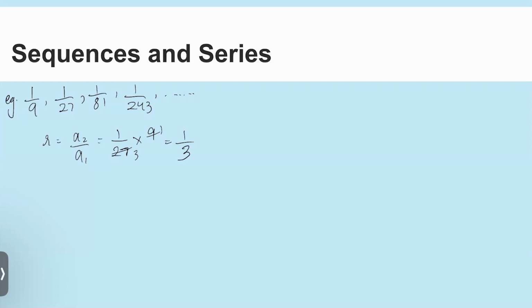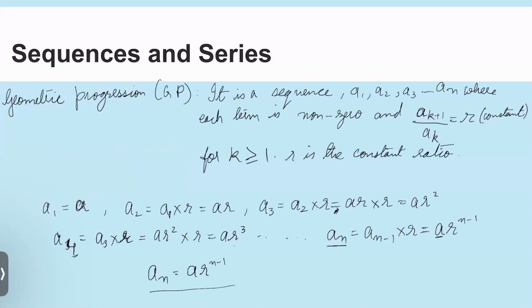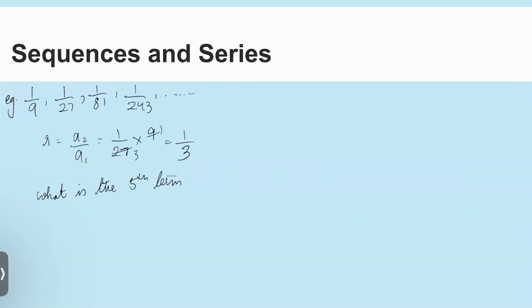Suppose now we want to see what is the fifth term. If you just see the relation that we were seeing, where your A2 is AR and A3 is AR square, over here your A2 is 1 by 9 multiplied by your R, which is 1 by 3.